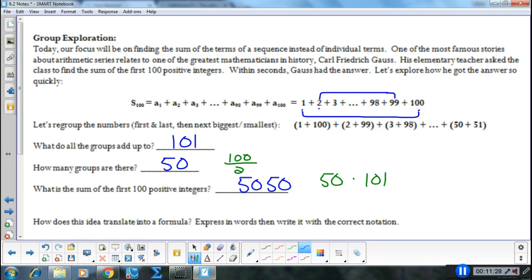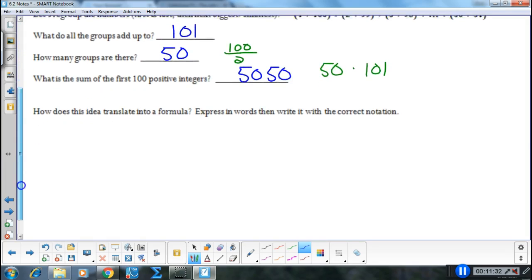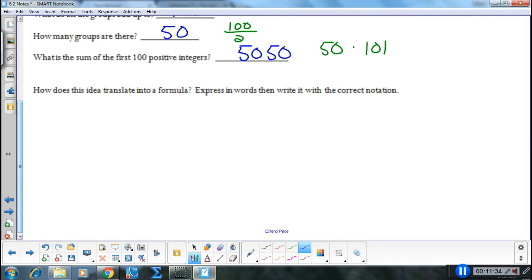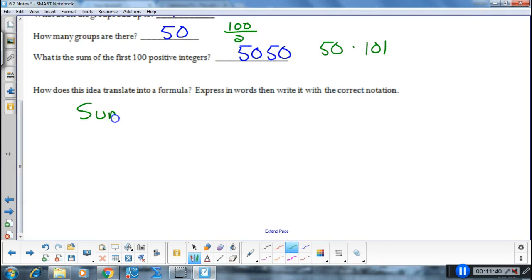Now, let's translate what Gauss did into a formula. Okay? So Gauss said that the sum was equal to what? How did we get this 50 number right there? The number of groups that we had, right?